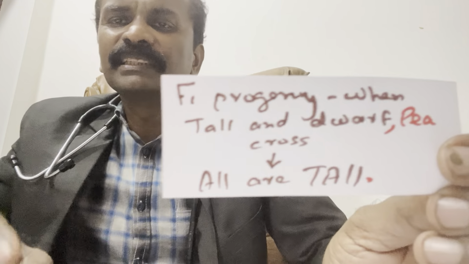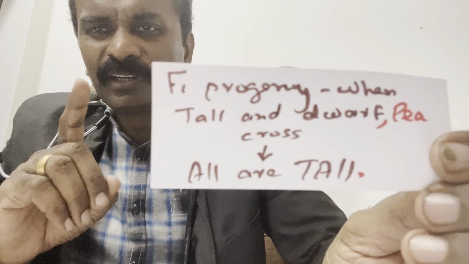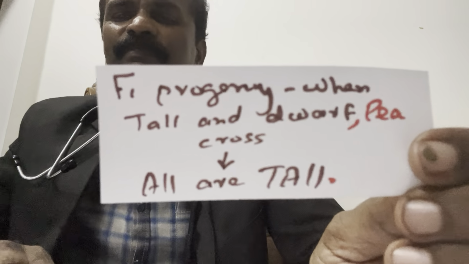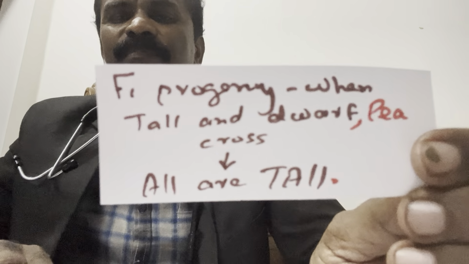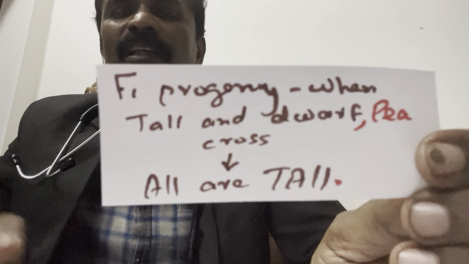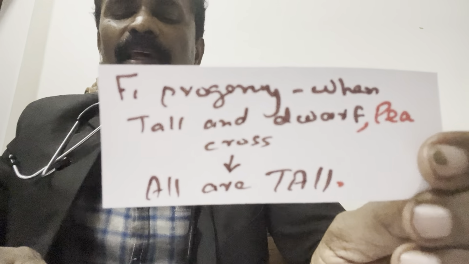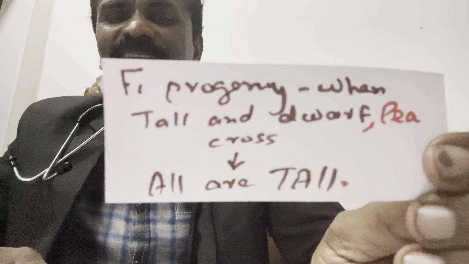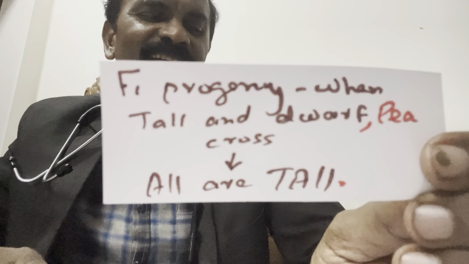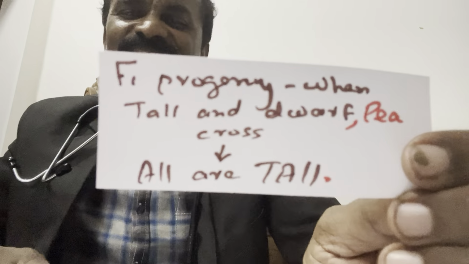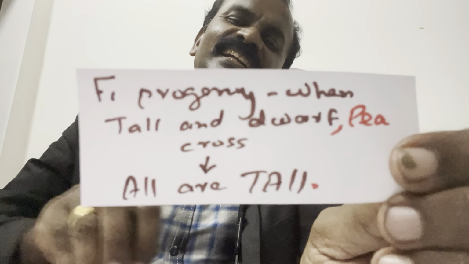See, F1 progeny: when tall and dwarf pea plants are crossed, all are tall. This is also F1. True or false? All are tall.